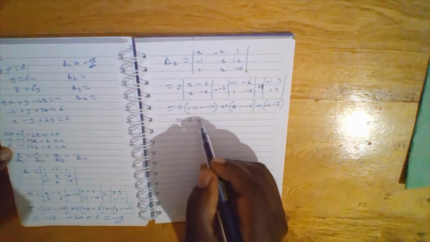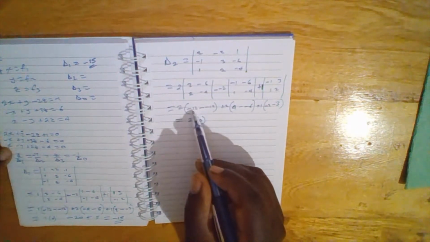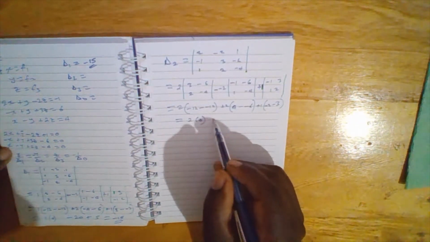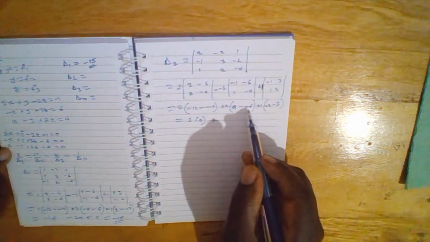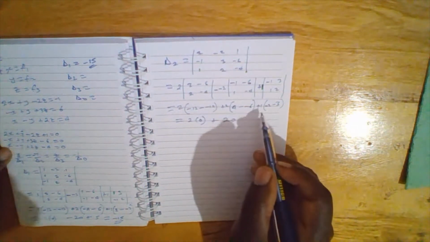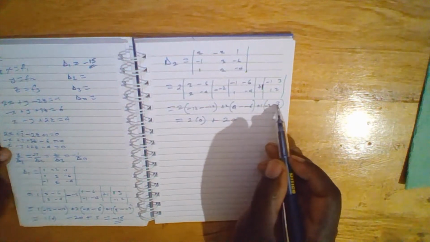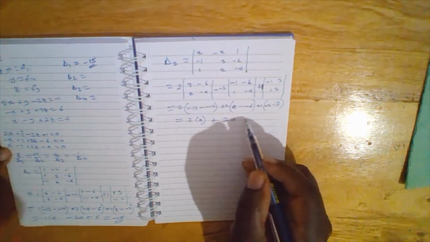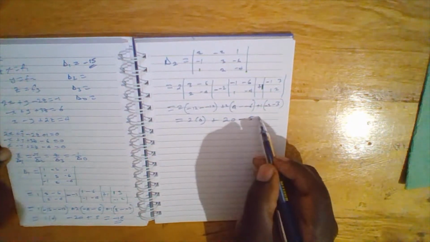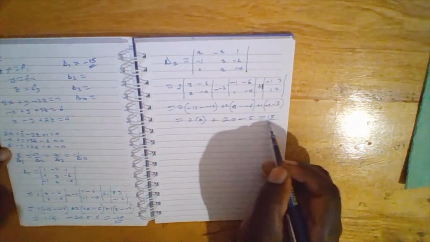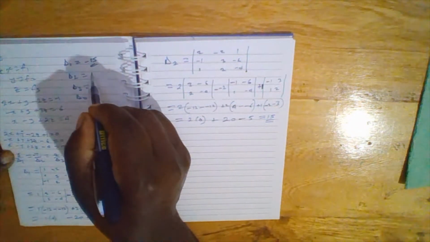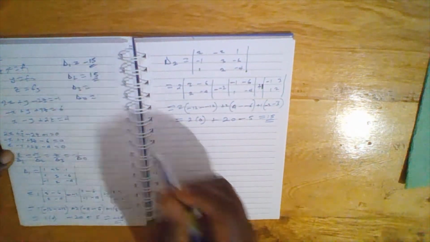This equals 2 into 0, plus negative 12 plus 12, that is 0, plus 4 minus 6, this is 10, times 2, we have 20. And then here we have minus 2 minus, that's minus 5 times 1, that's minus 5. So we have this minus 5. This equals to 15. So we are saying that del 2 is 15.